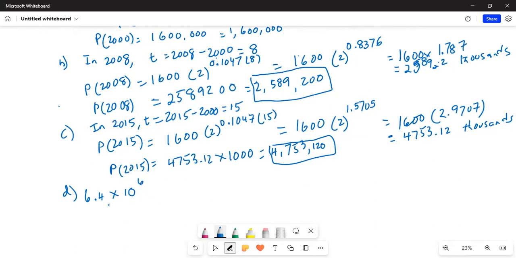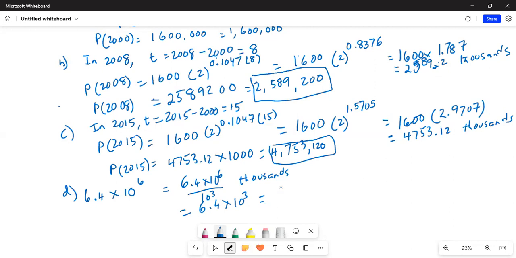Now to plug it into the equation, I have to make it in thousands. It is 6.4 times 10 to the power of 6 divided by 10 to the power of 3, which is 6.4 times 10 to the power of 3, or 6.4 times 1000, which is 6400.